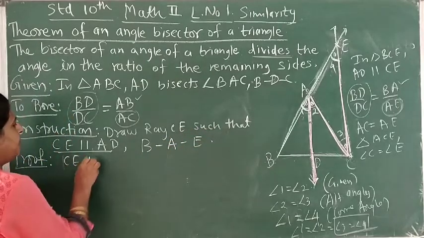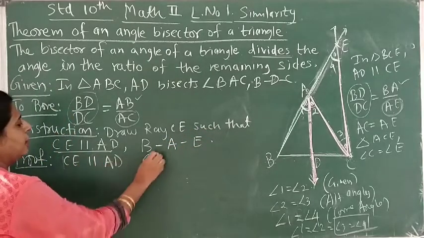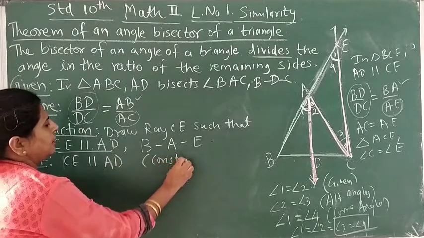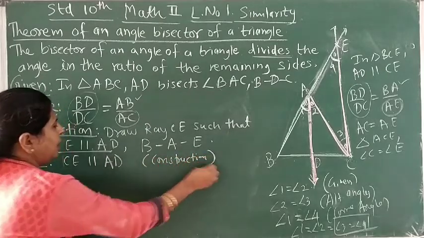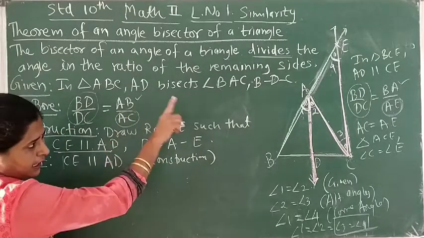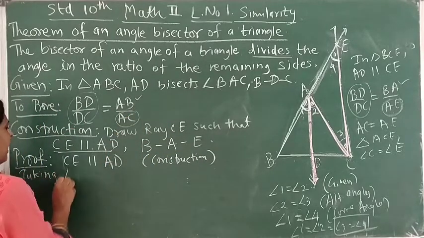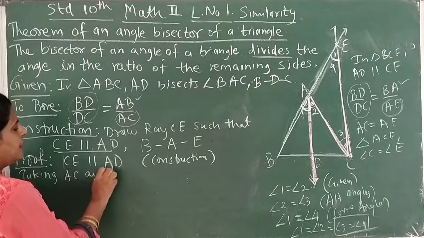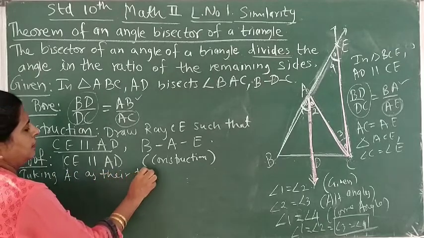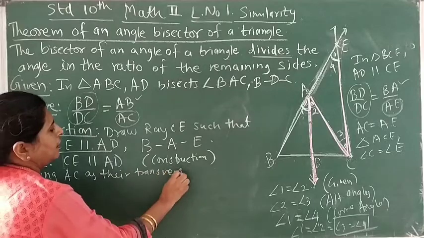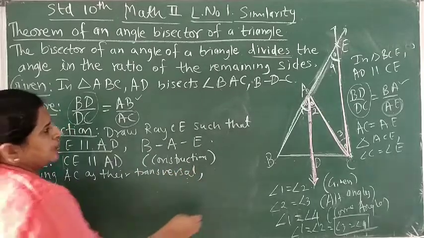Now, CE is parallel to AD. Okay, this is our construction. Now taking AC as a transversal, what can we say?